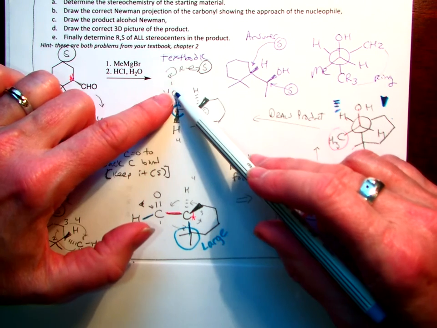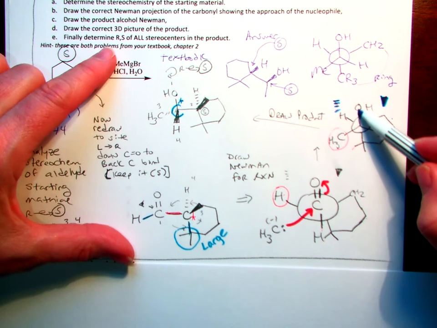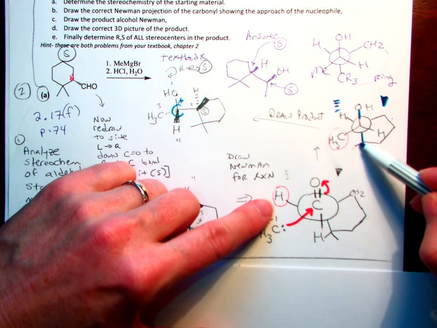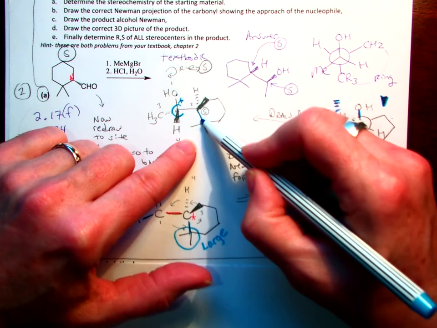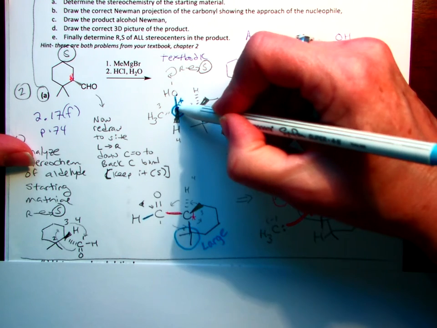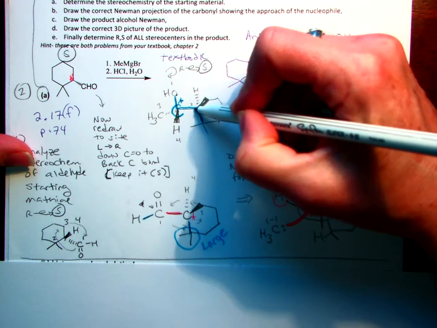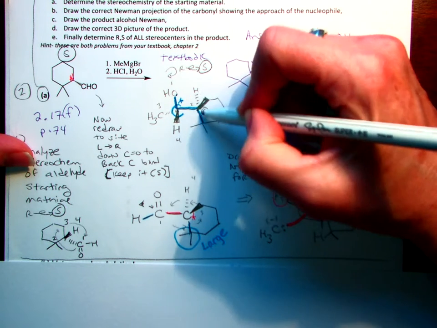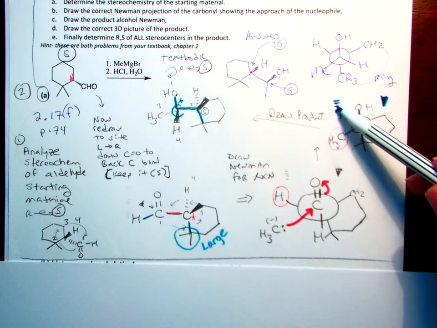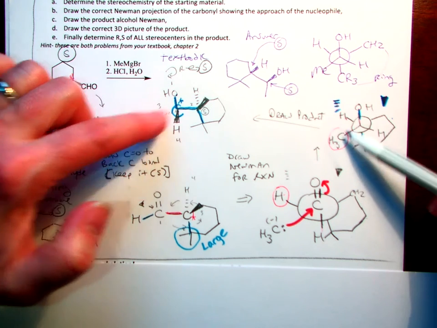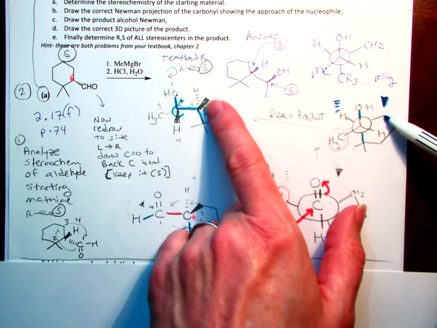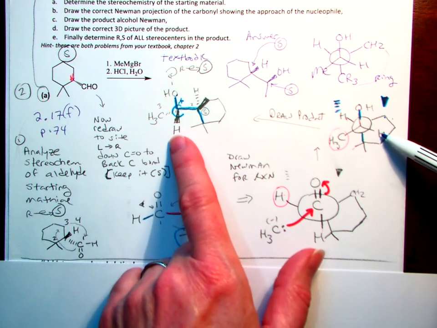So here's my front carbon with an OH pointing up on a plane line. The back carbon's going to have this big group on a plane line pointing down. That's a critical setup piece too, right? You have to set up this up-down relationship. Remember the Newman cheat sheet on the plane lines. Now you're ready to decorate it with the dashed wedges, methyl and H, and the solid wedges, CH2 on the ring, and the H coming out at you here.